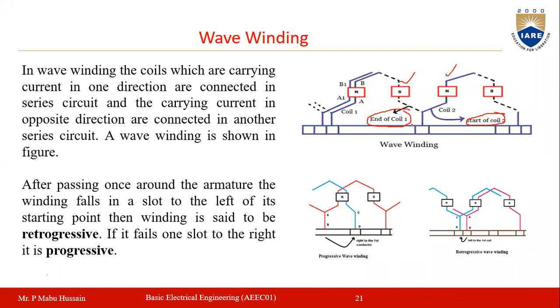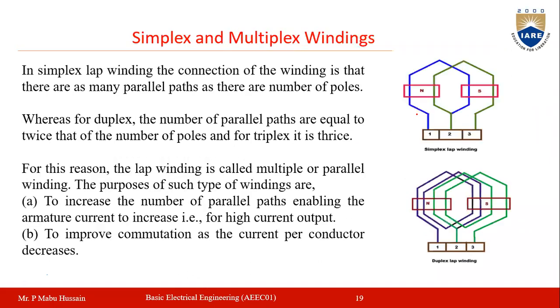Okay, so these two coils are under different poles in wave winding. But if you observe lap winding, they will be under the same pole. Okay. So now if you observe the simplex and duplex or multiplex windings.